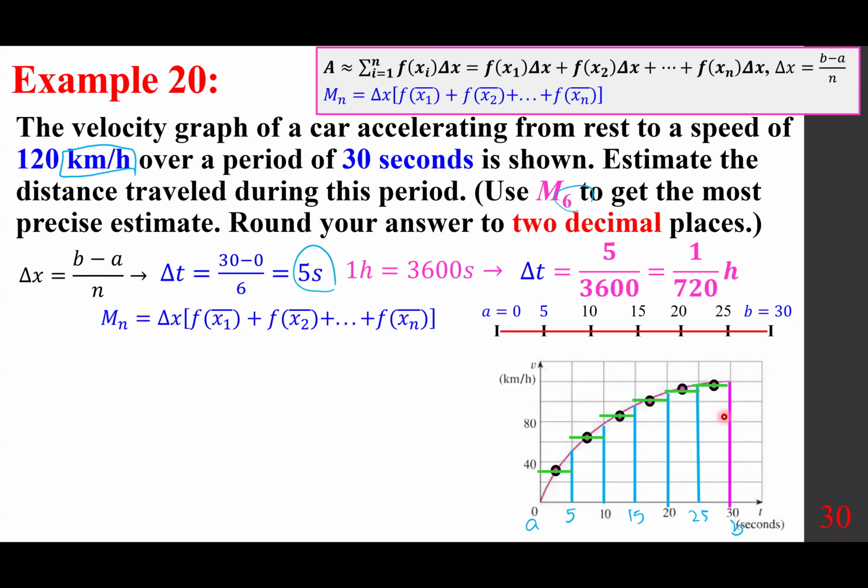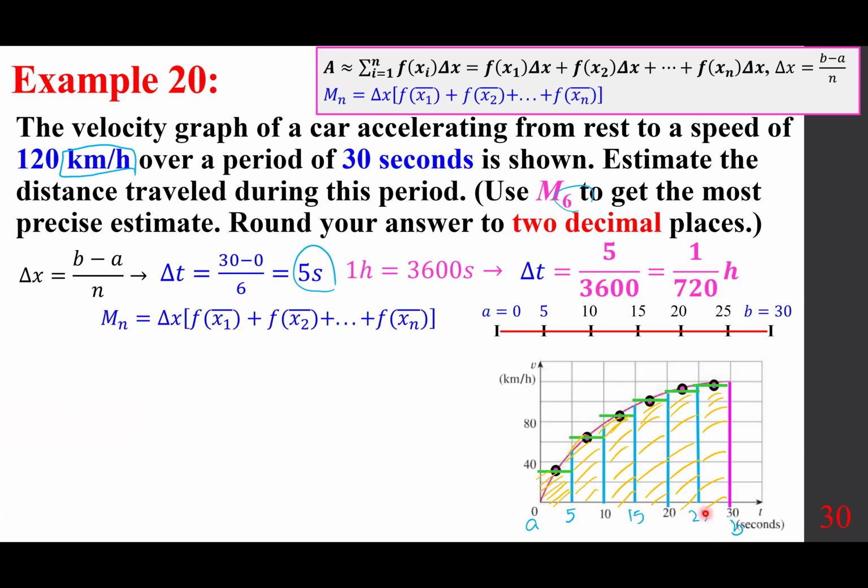These are the lines. So the idea is that to find this area, everybody, then add this one, the next one, this one, the next one, and the last one. That's the idea.